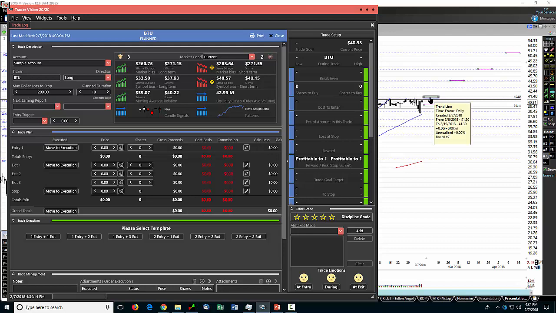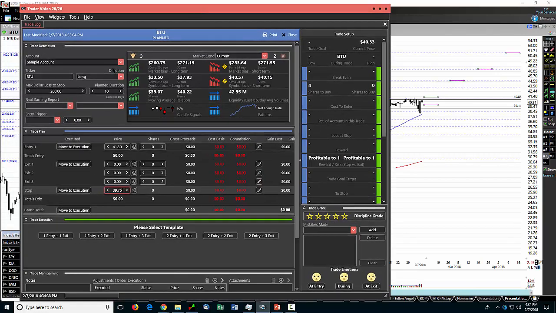So let's say that our entry is about 41, let's call it 41.30. Our stop is about 39.75. Our first target up here is at 44.80.